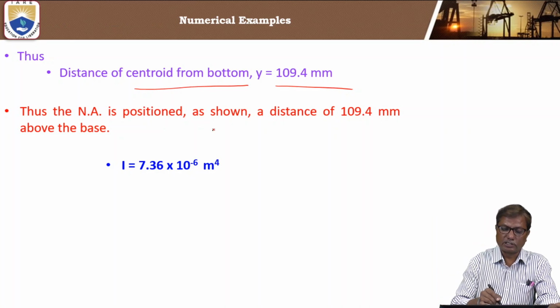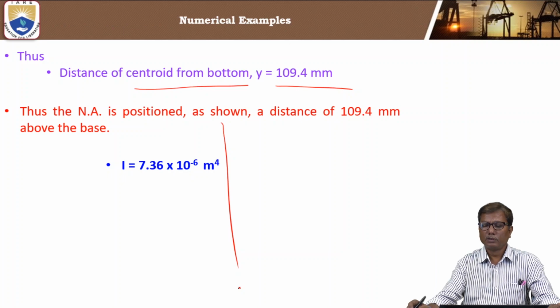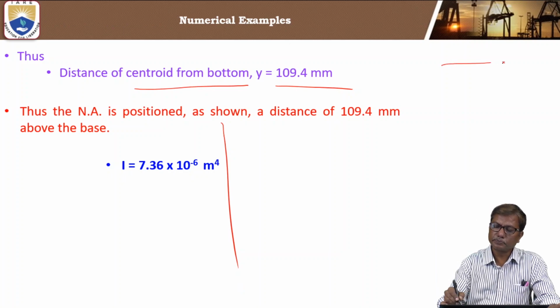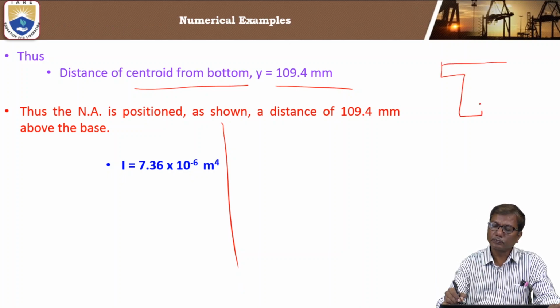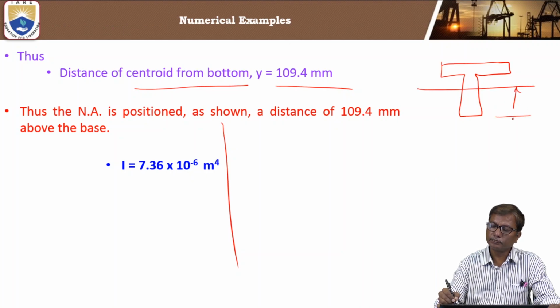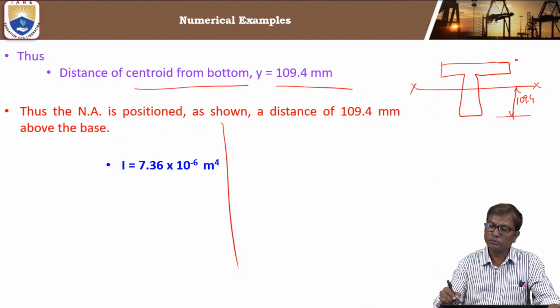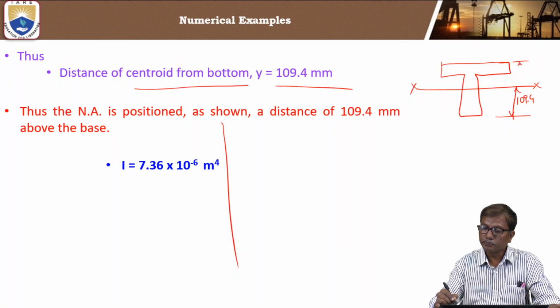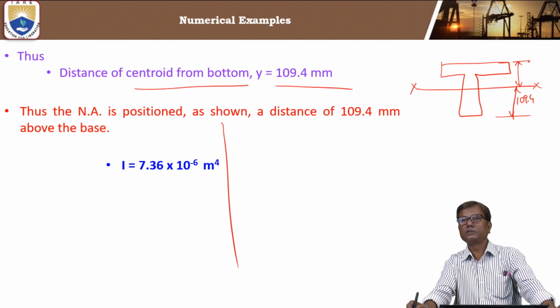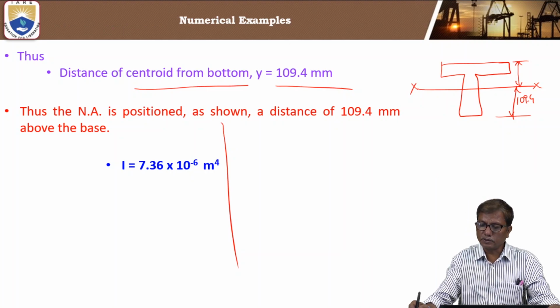Now moment of inertia of T section about the centroidal axis, which is at a distance of 109.4 from bottom.